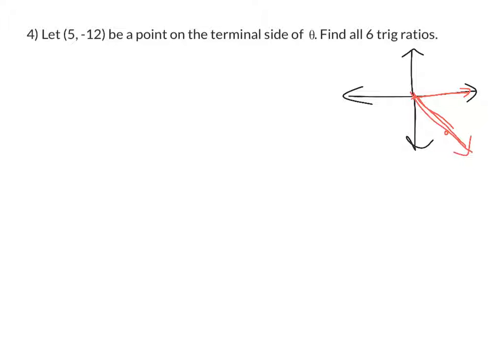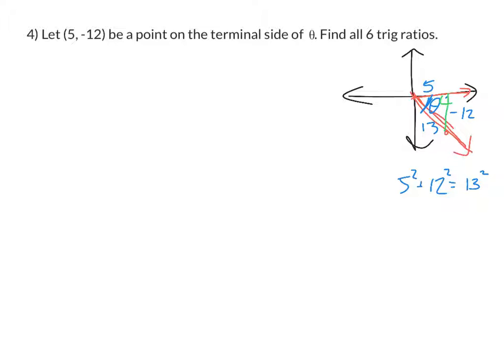Now, I don't know which way I rotated, if I went clockwise or counterclockwise, how many times I went around, but I do know that this right here is my reference angle. And again, I can drop or bring an altitude in to create a right triangle. I went over to the right 5. I went down -12. And then we need to find r. What's the hypotenuse? Well, this is a 5, 12, 13 triangle, because 5 squared plus 12 squared would equal 13 squared.